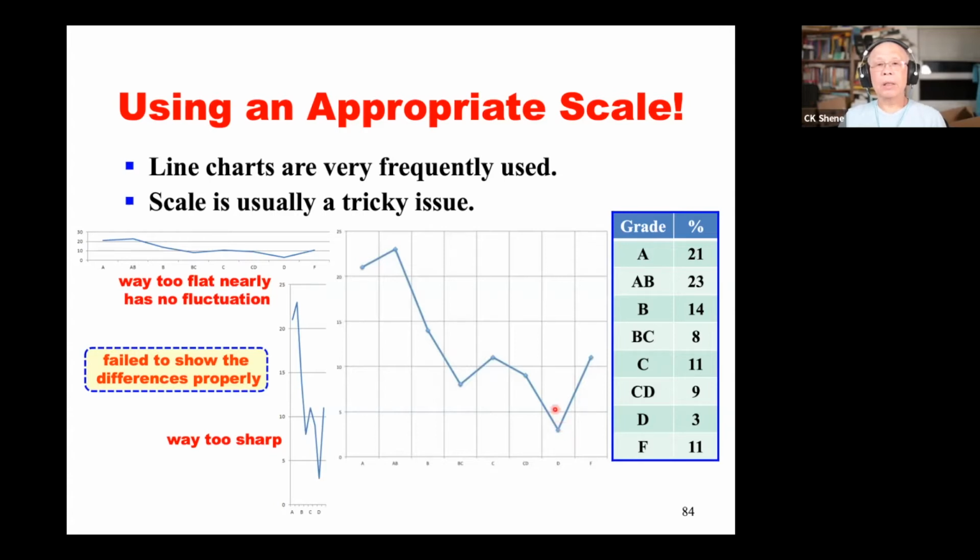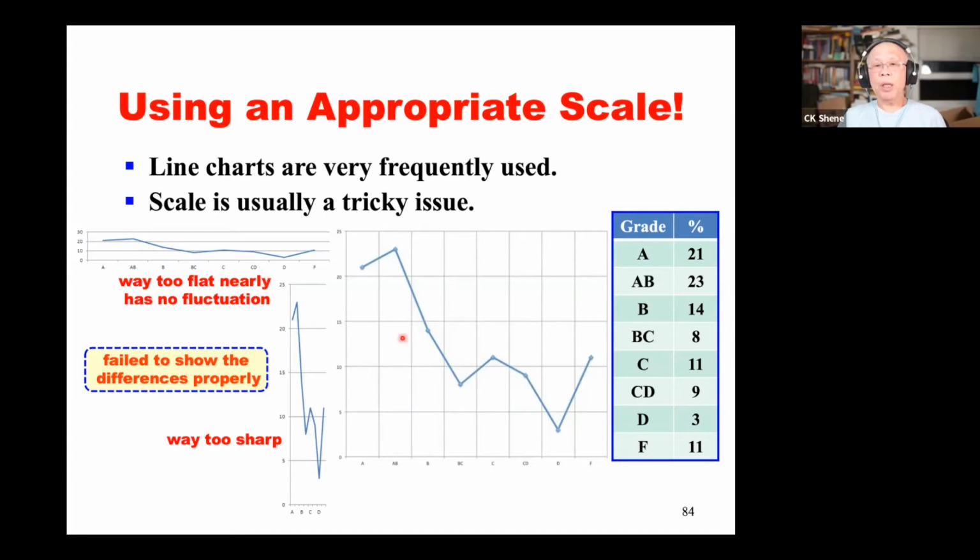In this case, a line chart is very frequently used. But when you use a line chart, scale is usually a very tricky issue. For example, if you use a very narrow scale, then the same line chart looks very flat, nearly has no fluctuation, unlike this one.